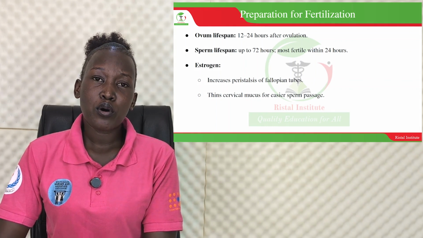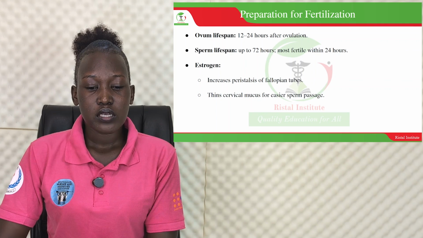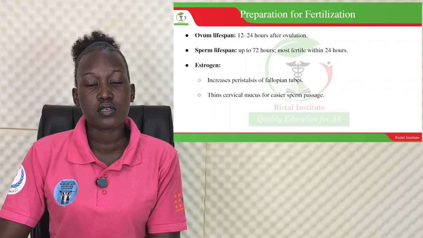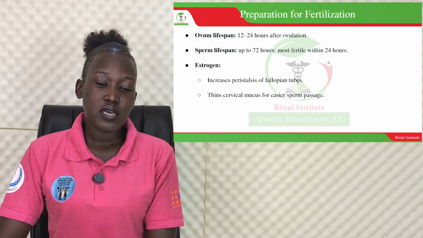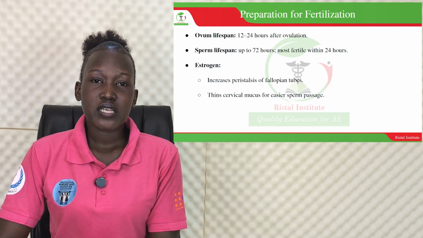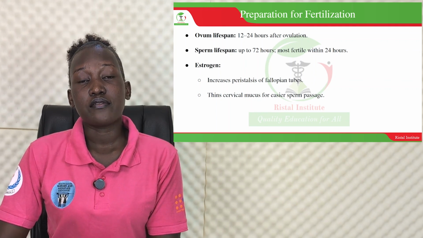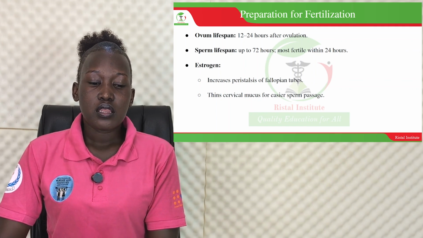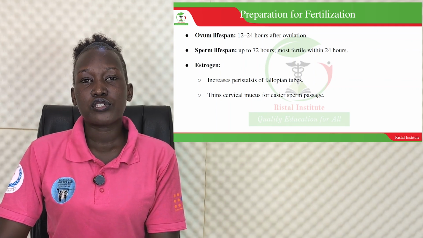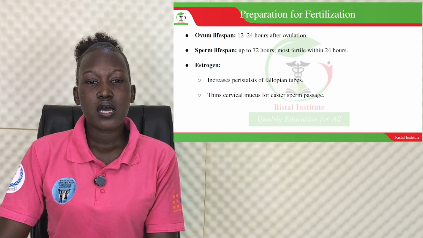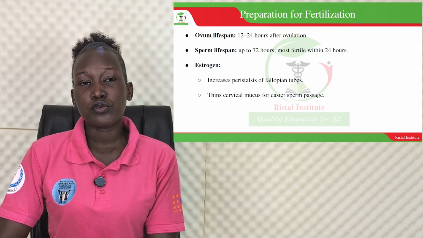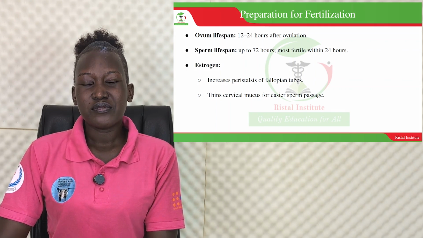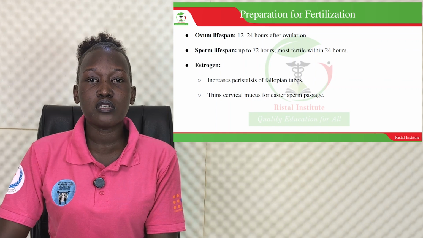Then we have some hormones which are very key during this process of fertilization, which is estrogen. The estrogen enhances peristaltic movement within the fallopian tube, especially if the egg has just been released. The same estrogen makes sure that a thin cervical mucus is produced so that the sperm moves freely without being blocked.